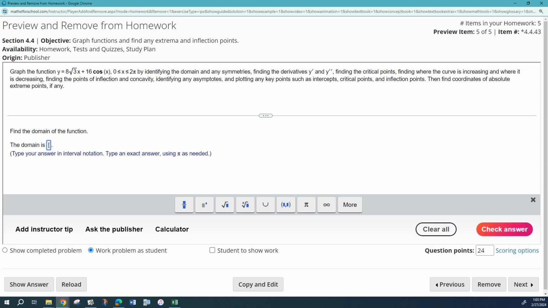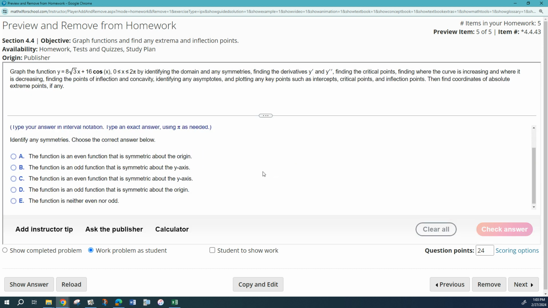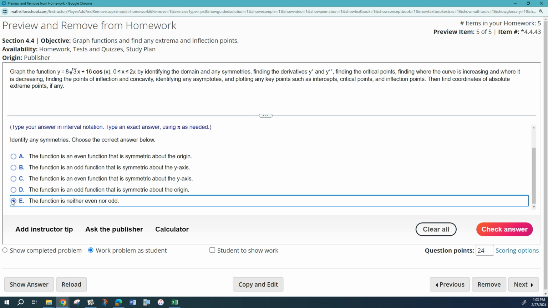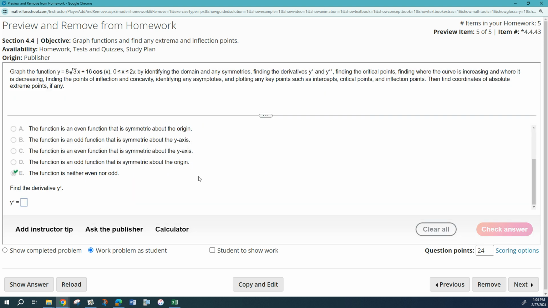So I just get bracket 0, 2 pi, bracket. Check. Fantastic. Symmetries, the function we decided is neither even nor odd, right? From our symmetry test.